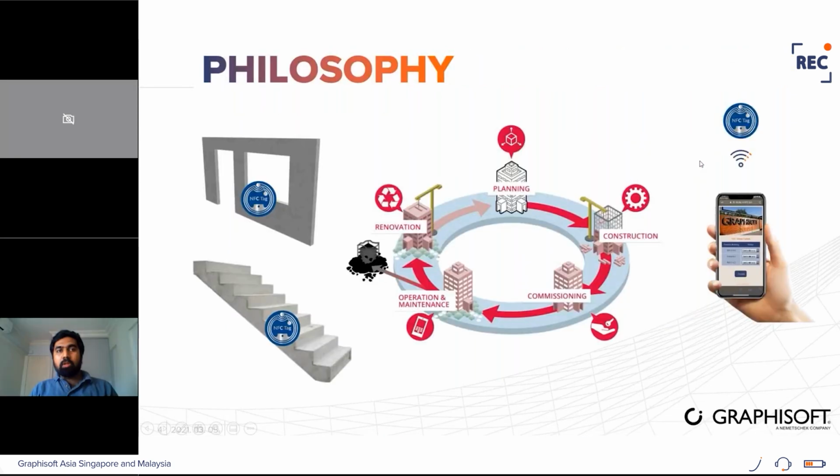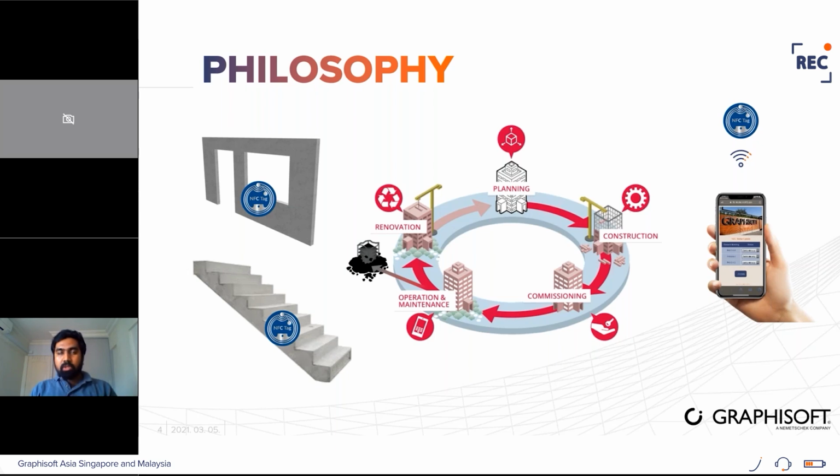The philosophy behind this system is similar to what Carlo was showing. We need to tag each and every component with NFC for tracking the component along the construction project lifecycle.